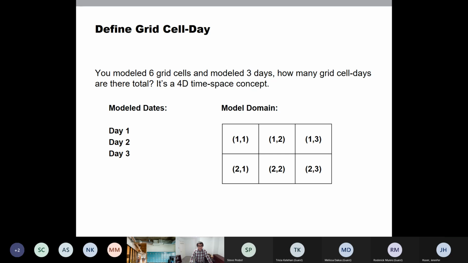So what is a grid cell day? Let's say the model domain is this 2x3 grid, and in real life, you're never going to see a CAMx run that simple. Apparently we have 3 layers, like a continental US grid, 36 kilometers by 36 kilometers, and then you put in a Texas, medium-size 12 kilometer by 12 kilometer grid nested in there.